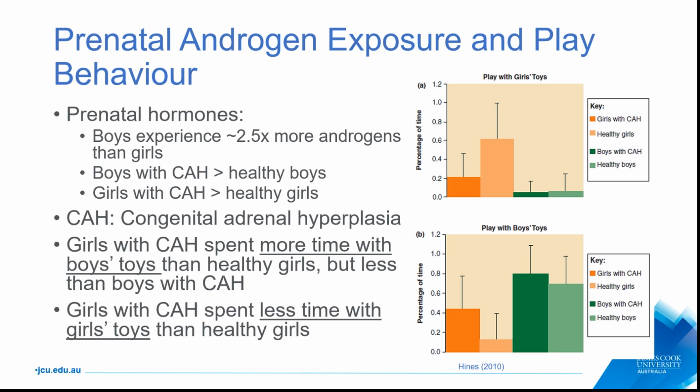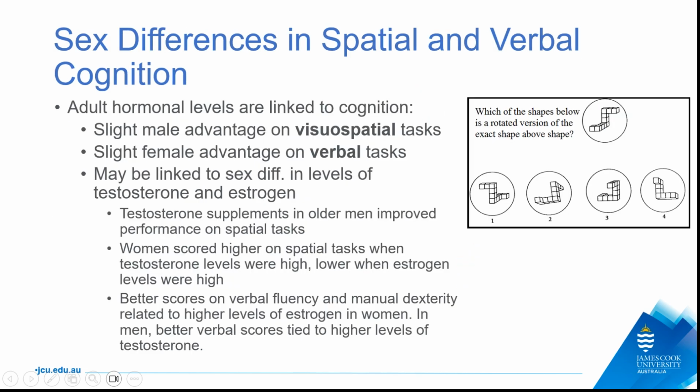Not surprising. This part is part of my research many years ago, right? But I don't link this spatial and verbal cognition to hormones. It's more to other psychological variables. But this is pretty much a well-replicated finding. We do have a slight male advantage on visual spatial tasks, especially a task like the one on the right.